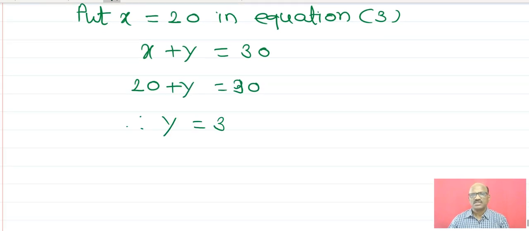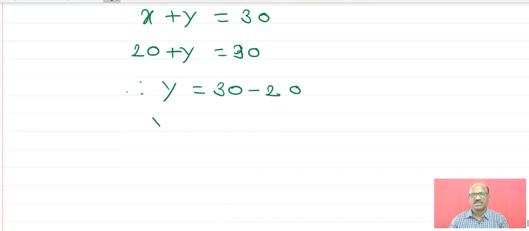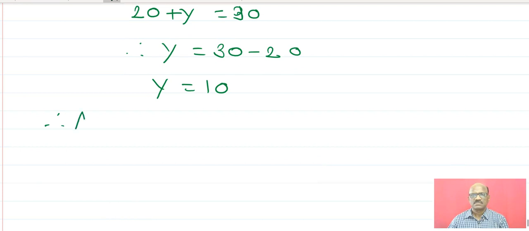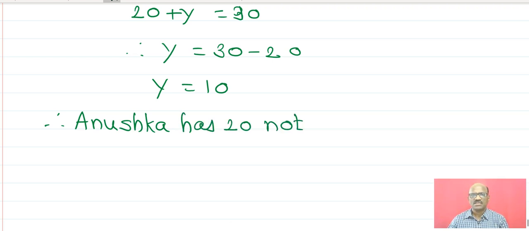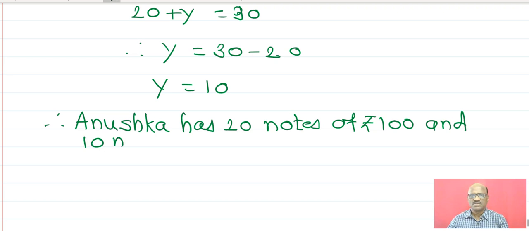Therefore y is equal to 10, which is 30 minus 20. Next, therefore Anushka has 20 notes of rupees 100 and 10 notes of rupees 50.